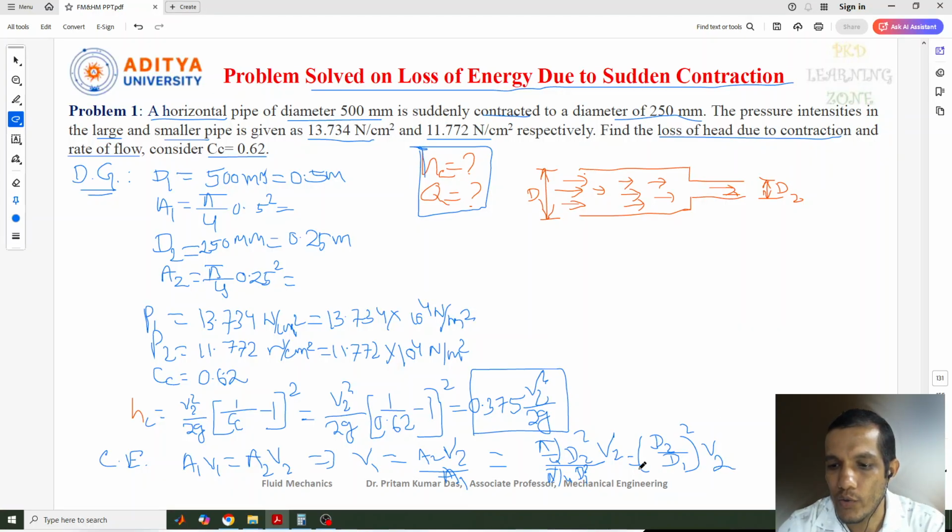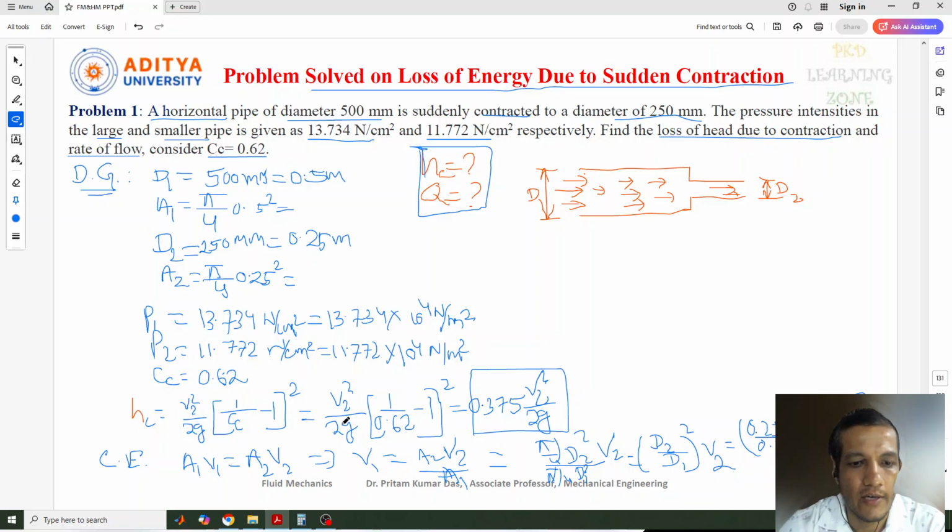Now d2 is how much? d2 is 0.25, so 0.25 divided by 0.5 bracket square and V2. 0.25 by 0.5 is nothing but 1 by 2, and the square of this is 1 by 4. So V1 equal to V2 by 4.